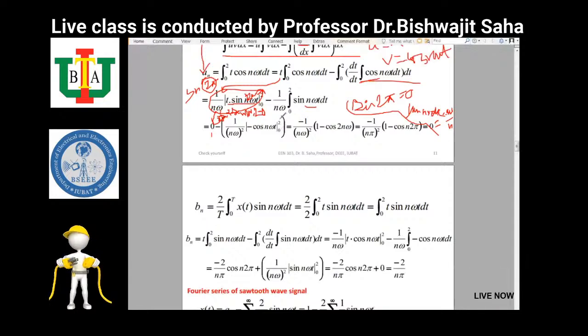So overall it comes minus 1 over n squared, and whenever we put the 2 pi, what is coming here? Cos n omega 2 pi, that means 2 pi n omega. Plus, and cos 0 value, how much? 1. So that 1 value is coming.